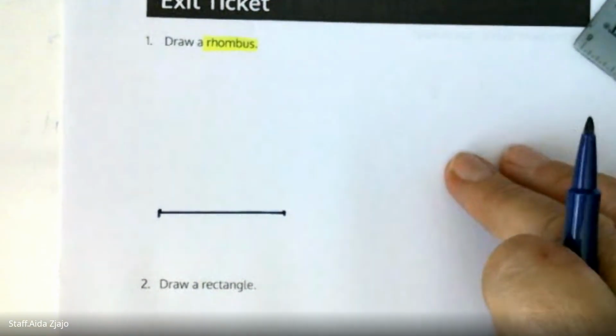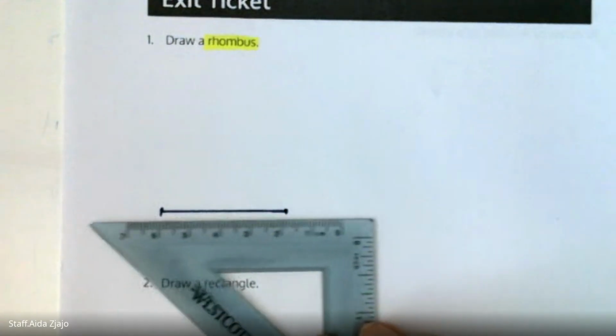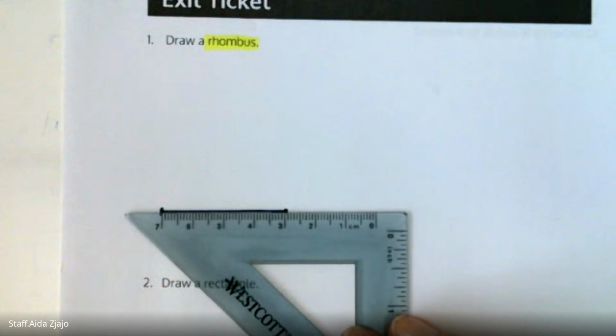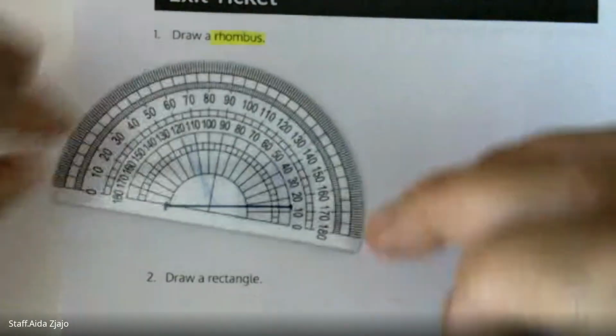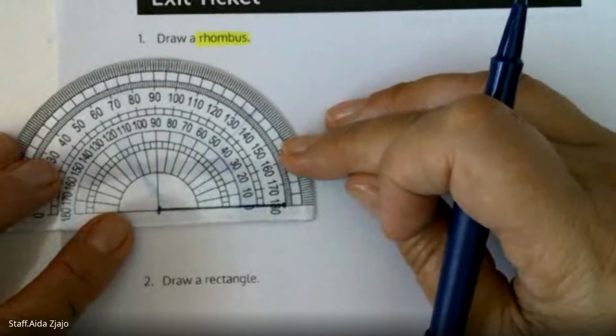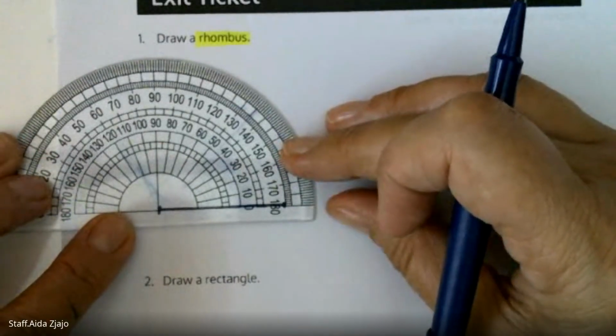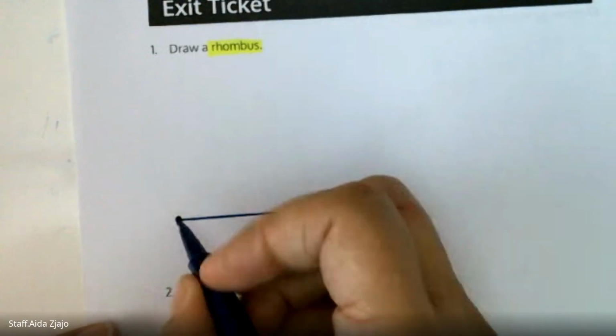So now I would like to have another side that is 4, all sides will be 4 centimeters. I would like to do 110 degrees for the angle. So I'm going to create it from this point right here.